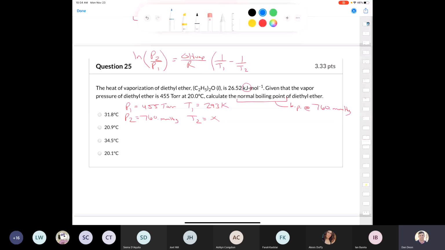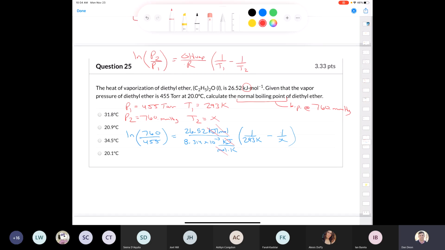So I'll plug in some numbers here. We've got the ln of 760 over 455 is equal to delta H of vaporization, which is 26.52 kilojoules per mole, divided by R, which is 8.314 times 10 to the negative 3 kilojoules per mole Kelvin, times 1 over our T1, which was 293 Kelvin, subtract 1 over X. You can already see that kilojoules and moles cancel.